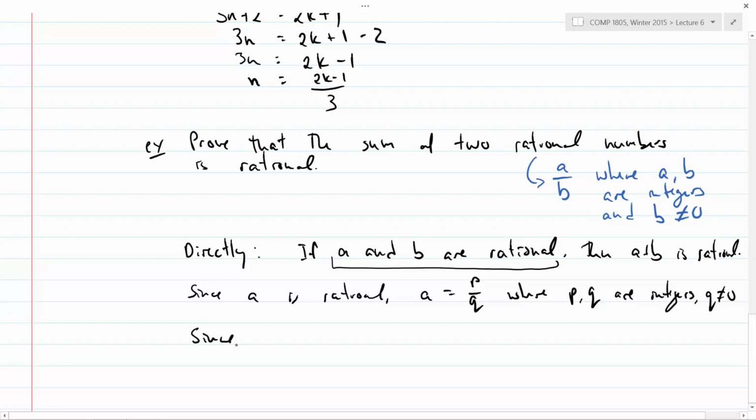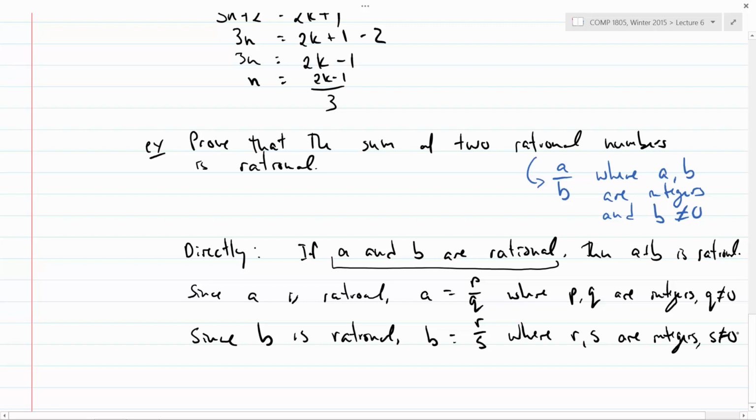Similarly, since B is rational, B is equal to R over S, where R and S are integers, and S is not 0.